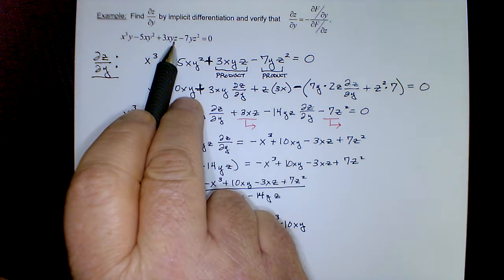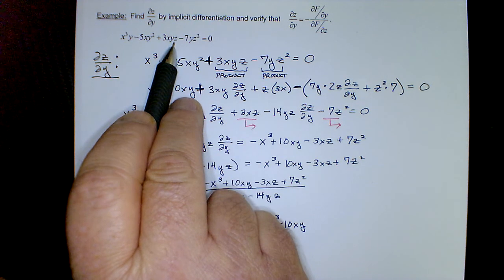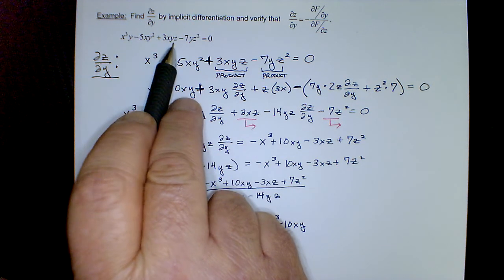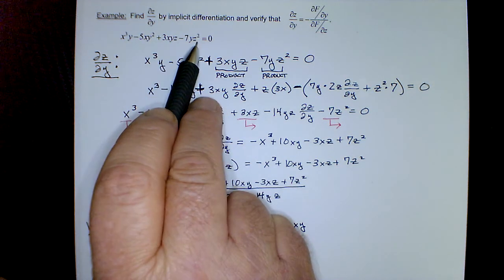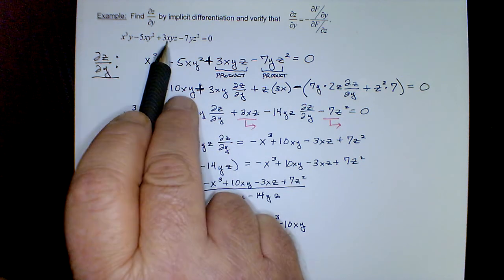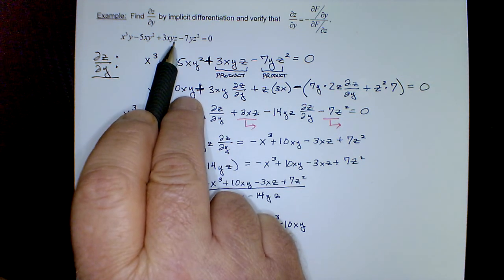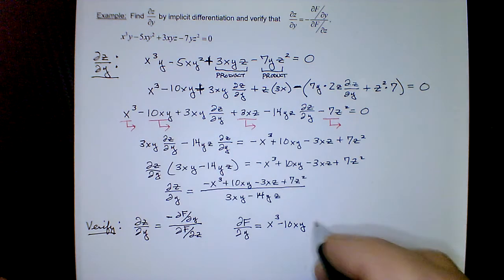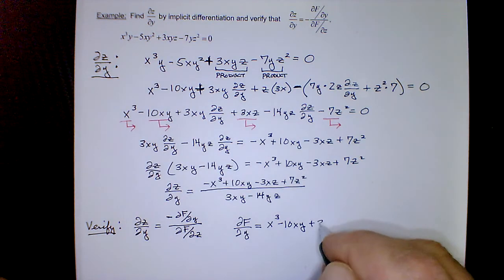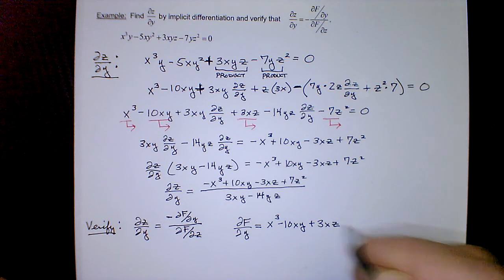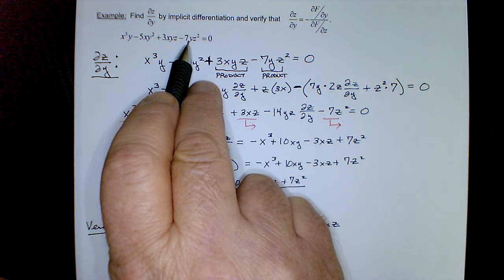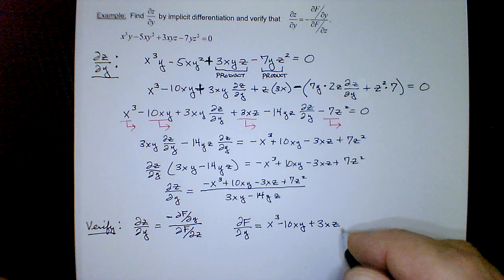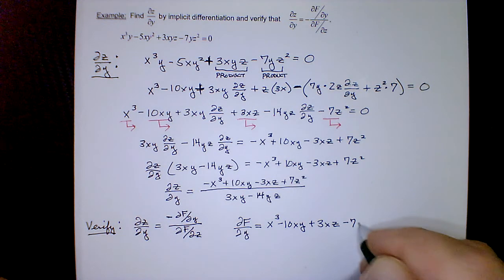To the next term, z is being held as a constant now, because now we're considering this to be a function of x, y, and z. So x and z are constants, or y is 1, so plus 3xz, and then again z is a constant, so derivative of negative 7y is negative 7, so minus 7, and the z squared tags along.